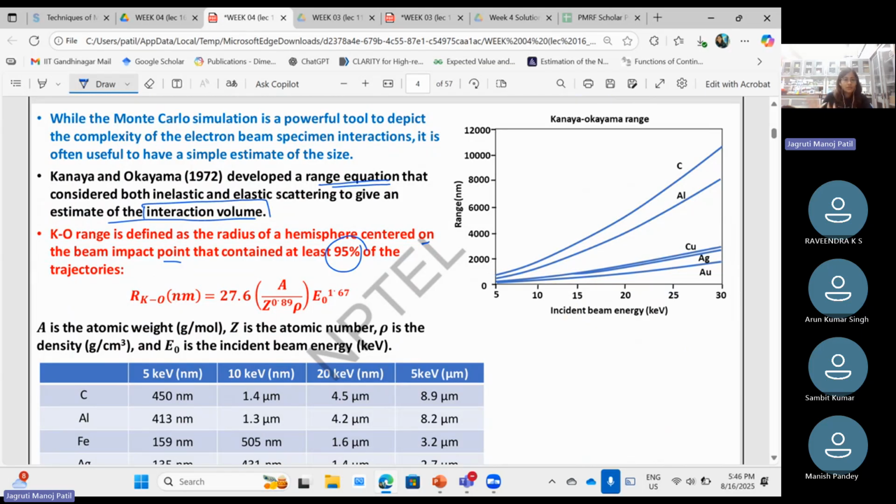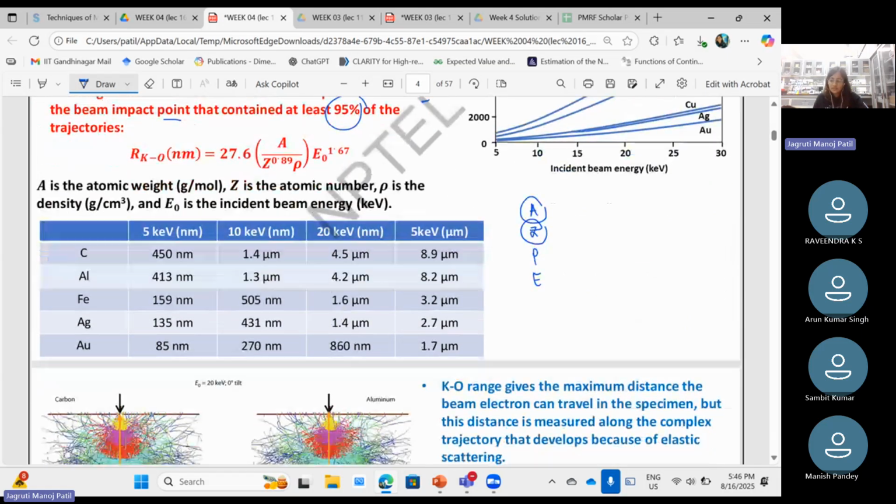But what you should know here is what factors this equation depends on, which is what your elastic and inelastic scattering depend on. First it depends on your atomic weight, your atomic number, your density, and the energy of your incident beam.